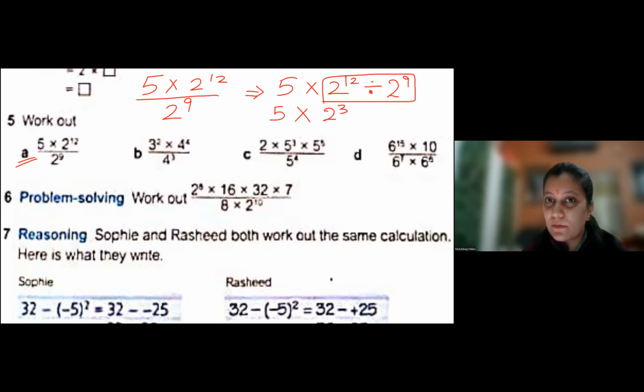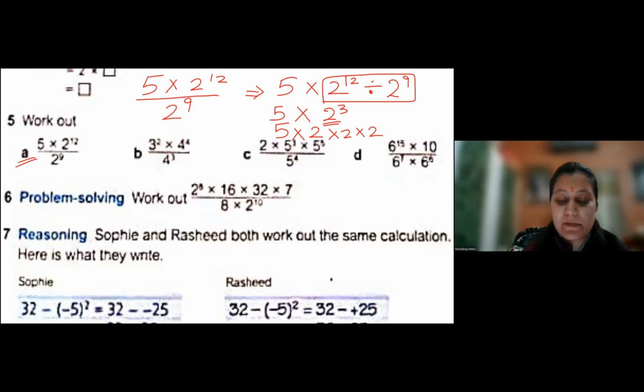And now what we'll do? We'll solve this part first. 5 multiplied by 2 cube means 5 multiplied by 2 multiplied by 2 multiplied by 2. Isn't it? Yes. So we are not applying that addition, but you were saying 12 plus 1, 13, something you were saying, no? Yes, I was saying that because I thought it was 5 to the power of 1 into 3 to the power of 2.